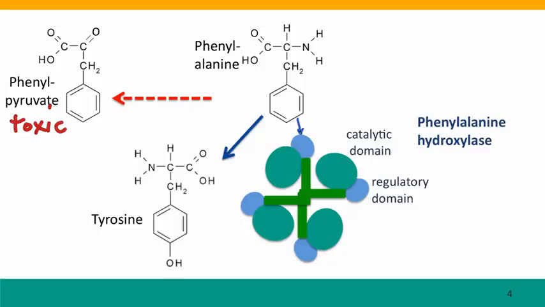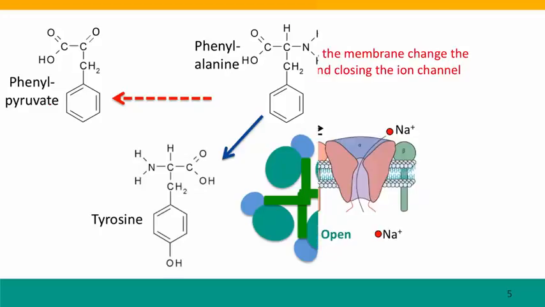It doesn't bind it when it's low, but when it's high, the regulatory domain senses the high concentration, and it basically kicks the catalytic domain into high gear so that the phenylalanine hydroxylase becomes much more active when there's too much phenylalanine in its environment, which makes sense because phenylalanine can otherwise lead to a toxic product.